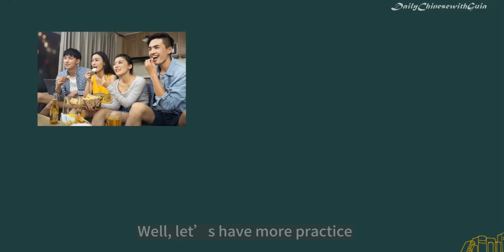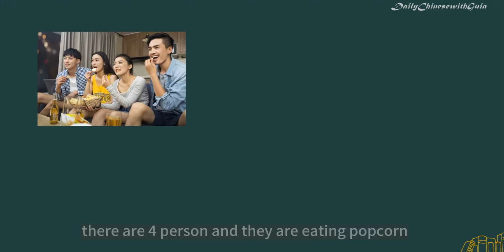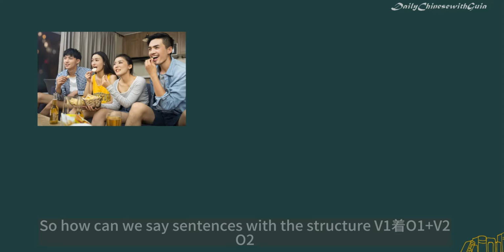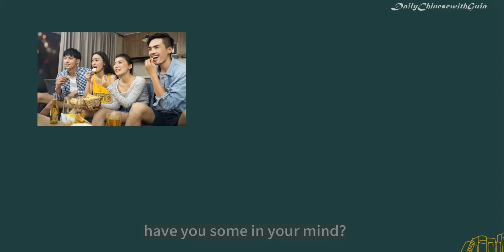Now let's practice more. In this scene, there are 4 people and they are eating popcorn, chips, drinking beers, and watching a movie, right? So how can we say sentences with the structure V1 O1 plus V2 O2? Have you some in your mind? Okay, let's have a look together.